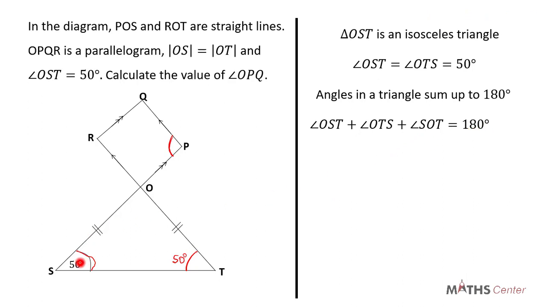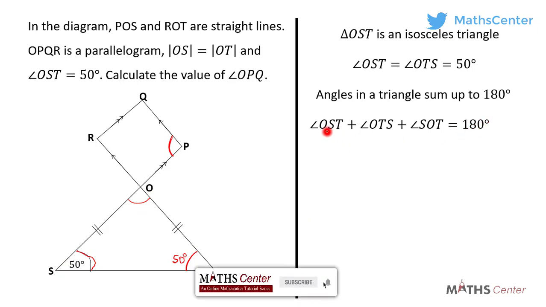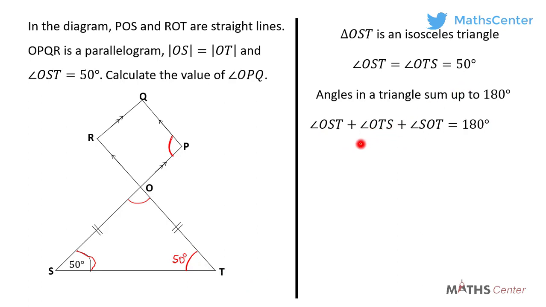So you add 50 degrees to 50 degrees to the angle formed here, which is angle SOT, and that will give us 180 degrees. We have found angle OST and angle OTS to be 50 degrees. So that will be 50 degrees plus 50 degrees plus angle SOT is equal to 180 degrees.